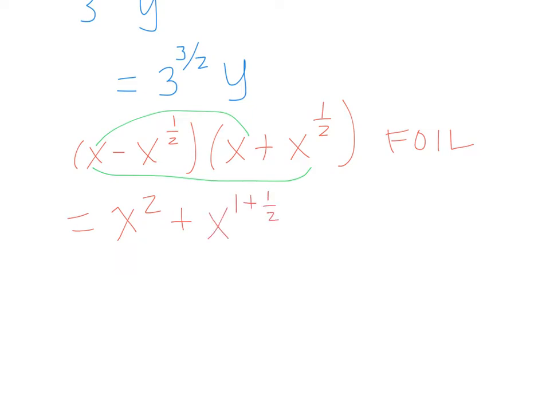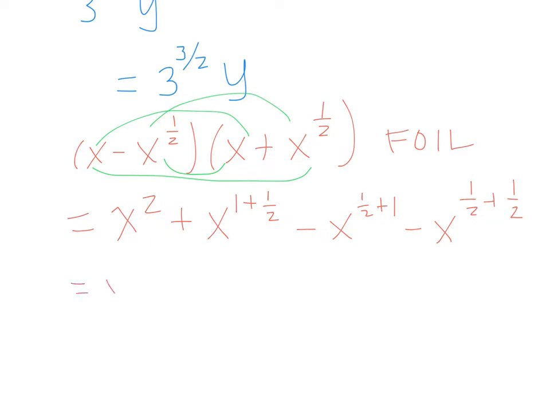Then we take the inner, we've got minus x, adding the exponents, we have 1/2 plus 1. And then finally, the last times the last, we've got minus x to the 1/2 plus 1/2. So let's go through and simplify our exponents.